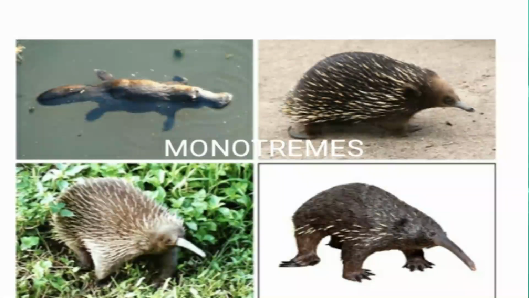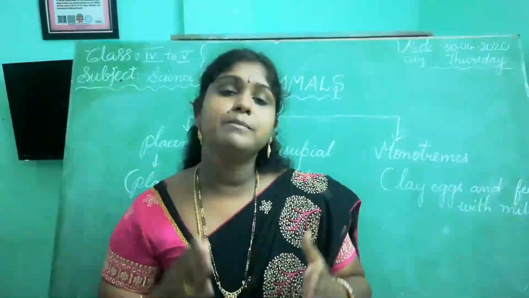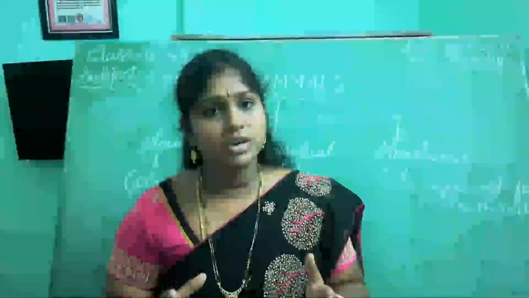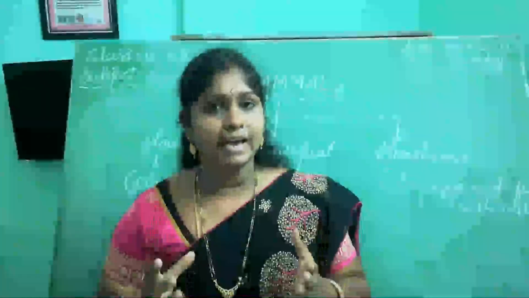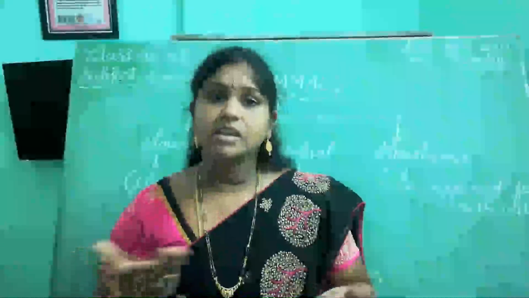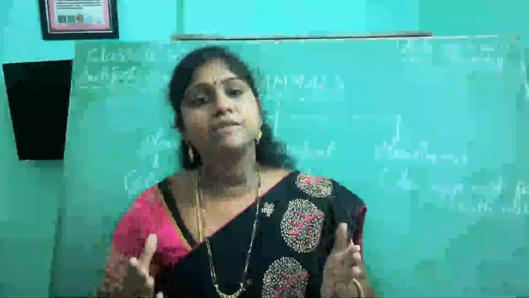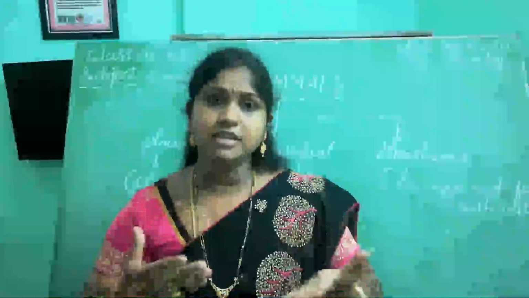Monotremes can be called mammals because they lay eggs and also feed their young ones with their rich milk. So what do the monotremes do? They put the eggs under the belly, that means in the skin flaps.